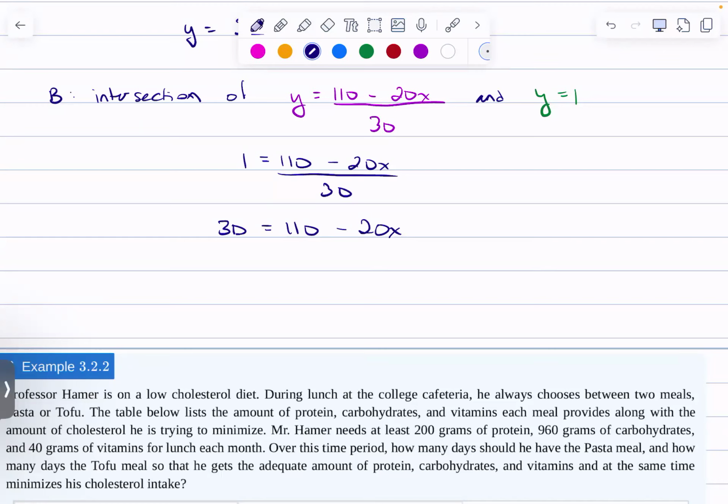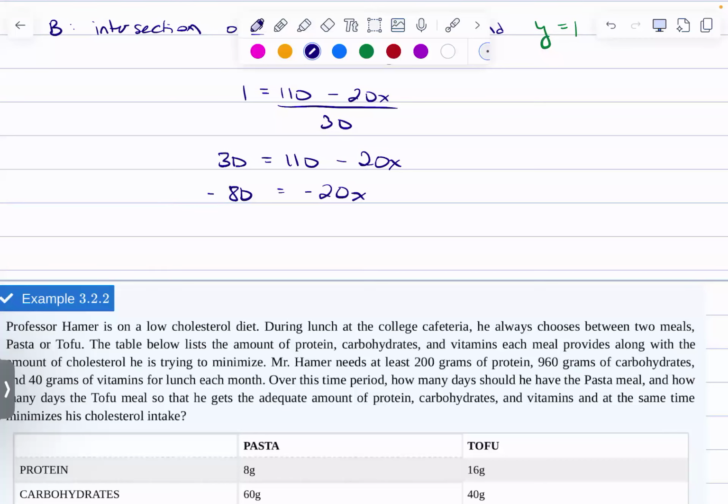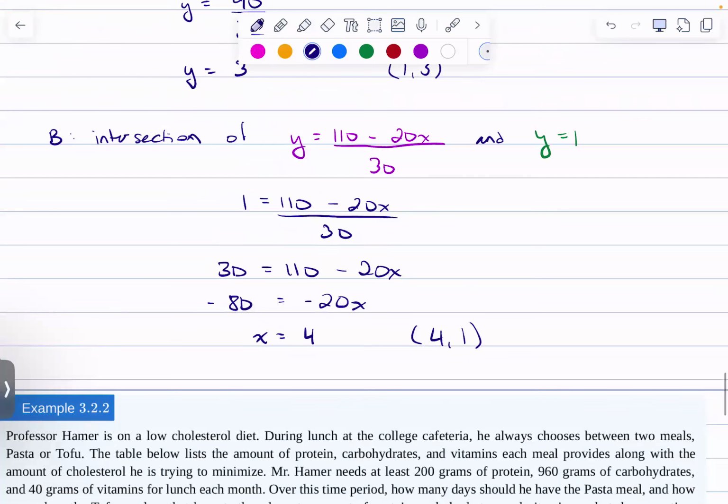Solving for x, I'm going to keep the x on the right-hand side for a little bit longer and subtract 110 from 30. 30 minus 110, I get negative 80 is negative 20x. So x must be negative 80 divided by negative 20. Those negatives will cancel out, and I get x must be 4. Which makes my intersection at (4, 1). I forced y to be 1.